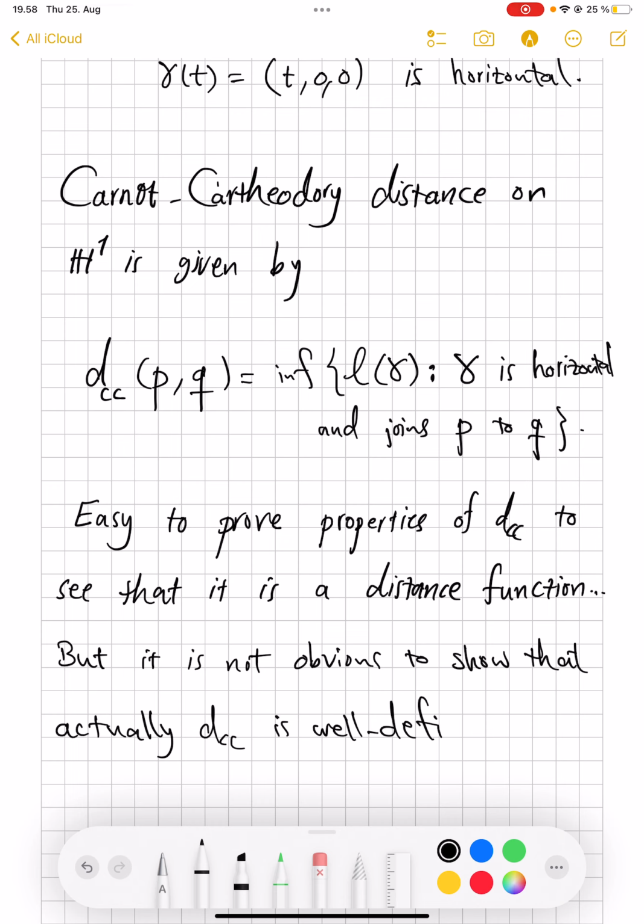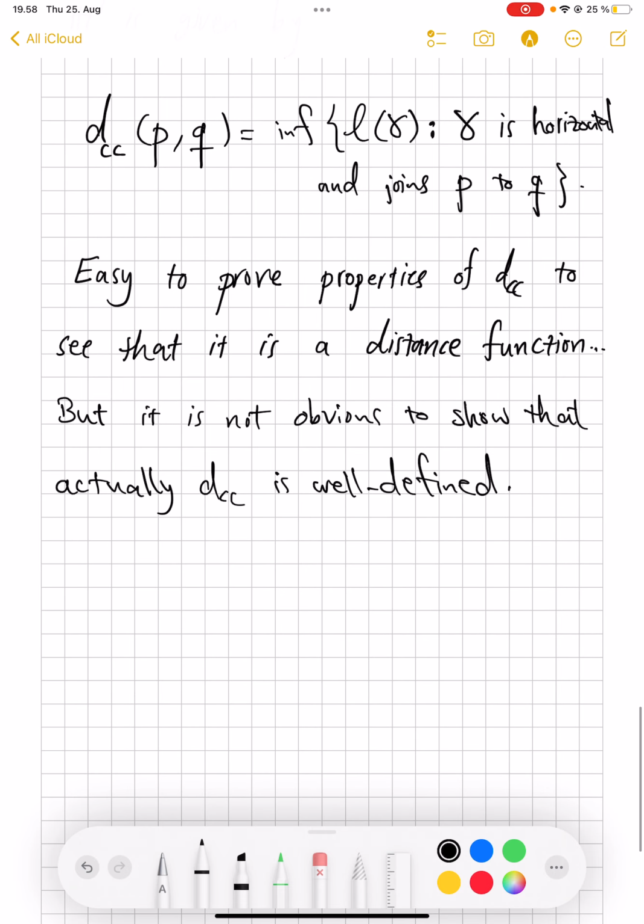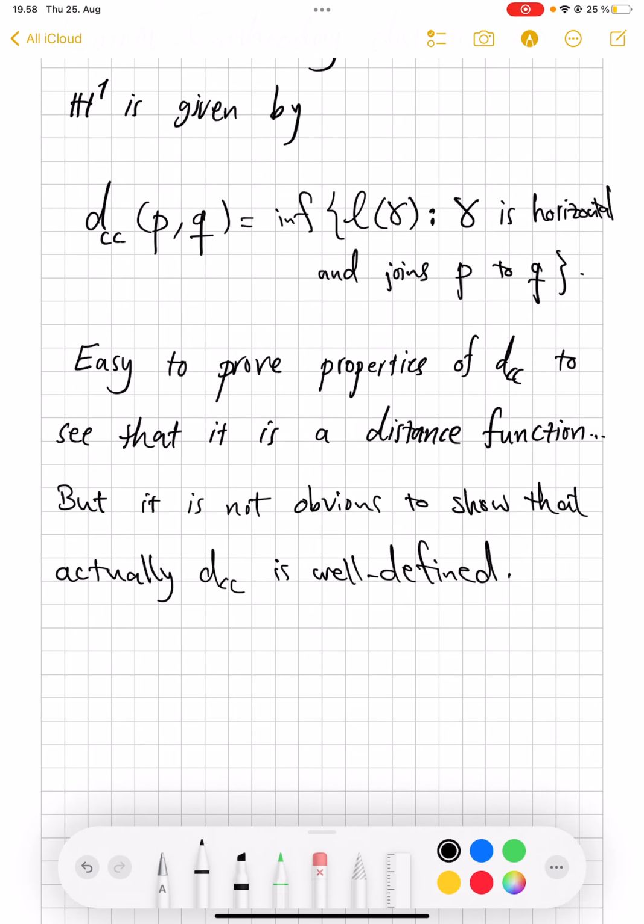This is a common mistake: sometimes you define something and you can easily prove a lot of things about it, but you must always check that what you write down really is meaningful and makes sense. For example, is there even one curve connecting P to Q? Because if this collection is empty, then the infimum will be infinite. And then d_CC is not a distance function, because for every pair you should give out a real number and not infinity.